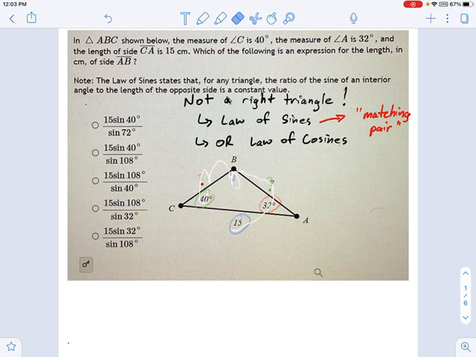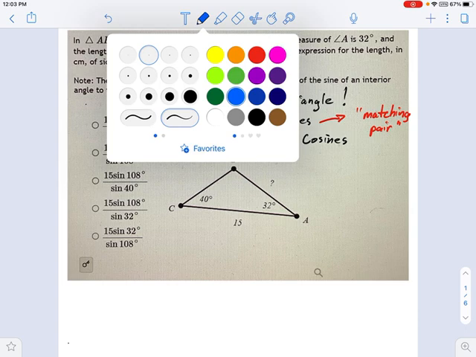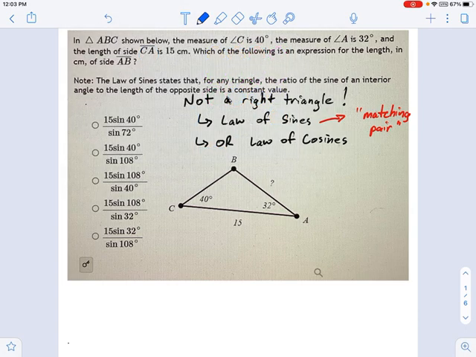But if you take a closer look, you'll realize that even though I don't have any matching pairs, I can get one awfully easily. See this angle right here, B? I know the other two angles, so B should be equal to 180 minus those other two angles. Remember, they all have to add up to 180. So this is how you can figure out a missing angle if you have two of them already.